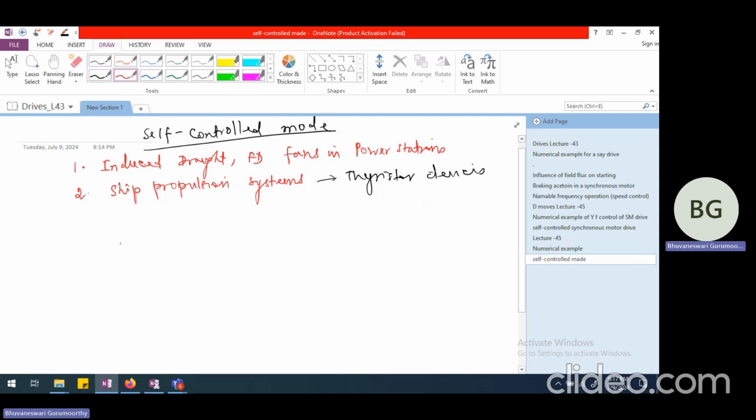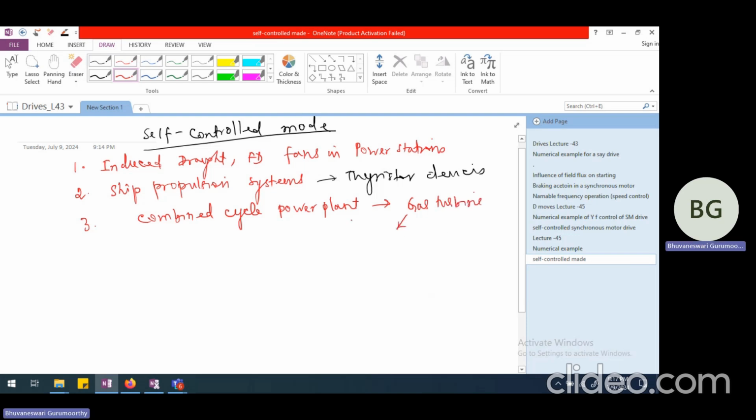The third application, typically seen, is for starting gas turbines in a combined cycle power plant. In a combined cycle power plant, which operates at a very good efficiency, generally there will be a gas turbine which works as the prime mover.